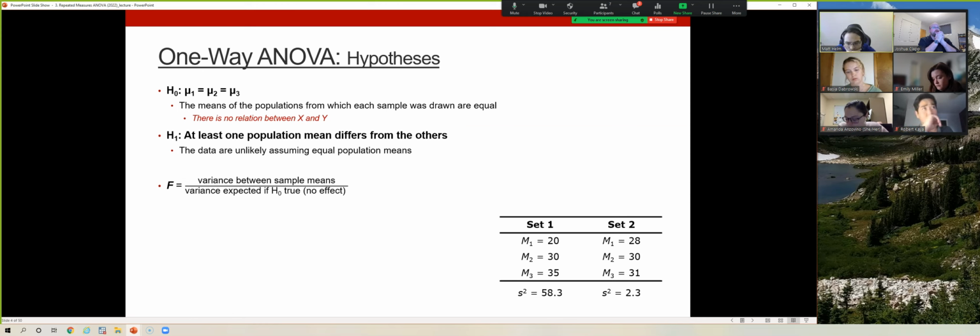But if I'm looking at the means, what are you seeing across the differences in means for set 1 versus set 2? So the difference between the first mean, second mean, and third mean in set 1 is about 5. The difference between the first, second, and third in set 2 is 2 and 1, so 1.5 approximately on average.